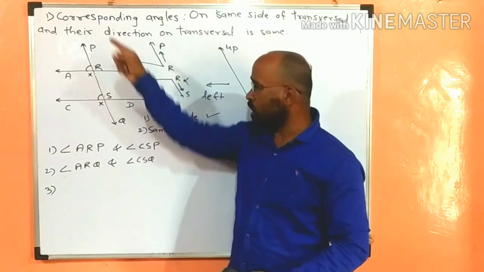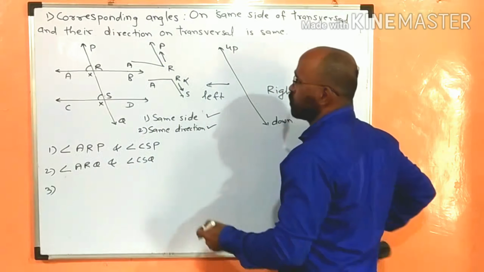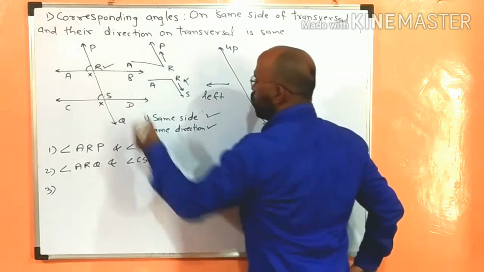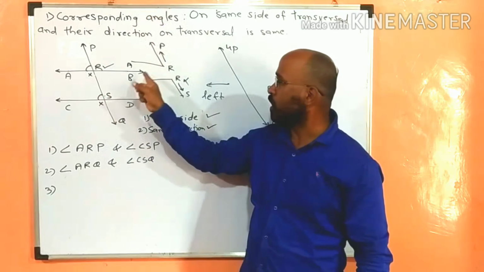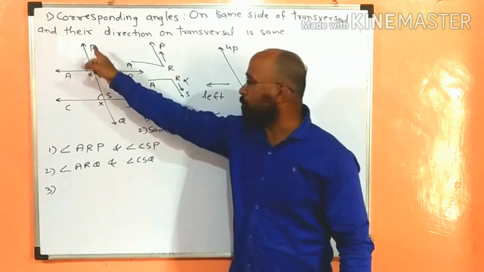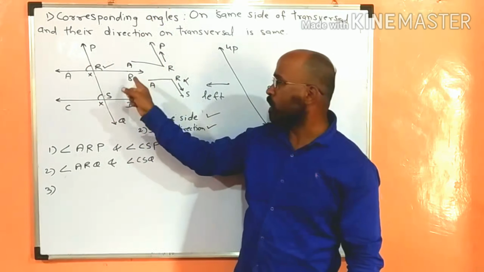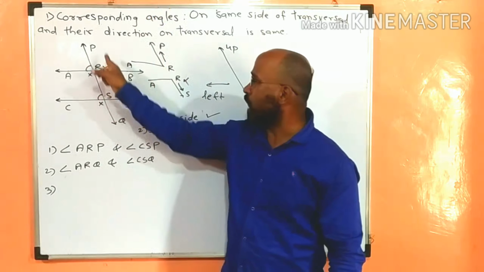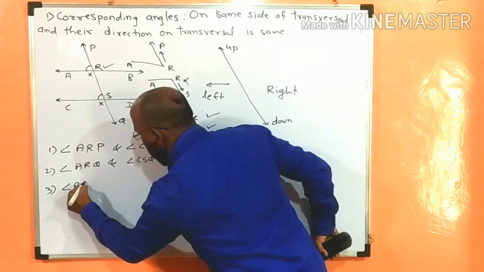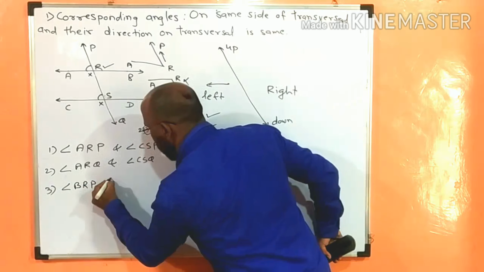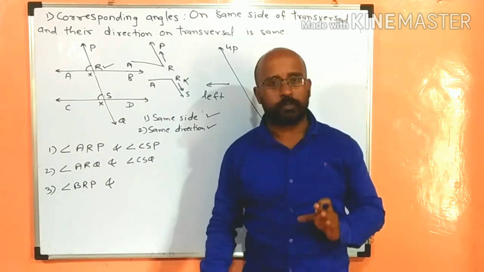So now let us see the next angle. Let's talk about this angle. What is the name of this angle? You can write its name as BRP, right? So let's talk about angle BRP and its corresponding angle.